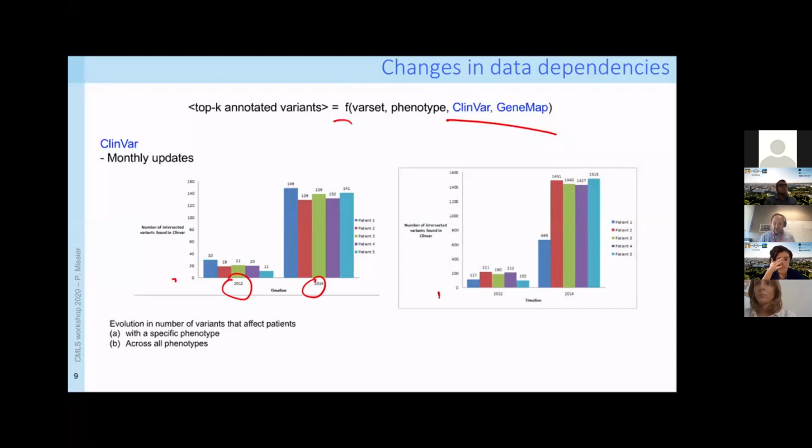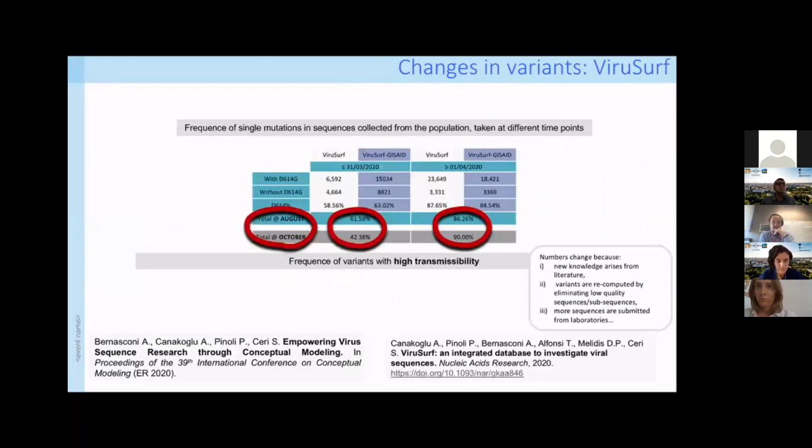For another example, I'll just borrow a slide that Anna Narif kindly gave me, which I only partially understand, but this is a good chance for me to introduce ViruSurf, which is the group's latest warehouse database of virus data. And again, you have a time-dependent variability in the frequency of variants observed within that data warehouse.